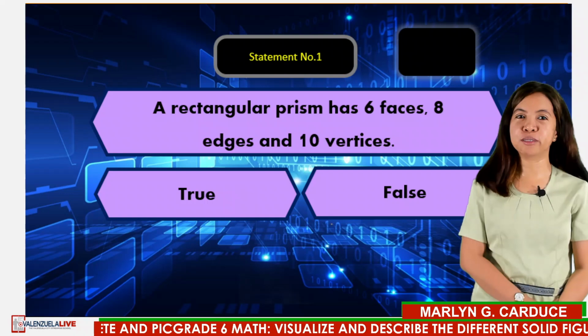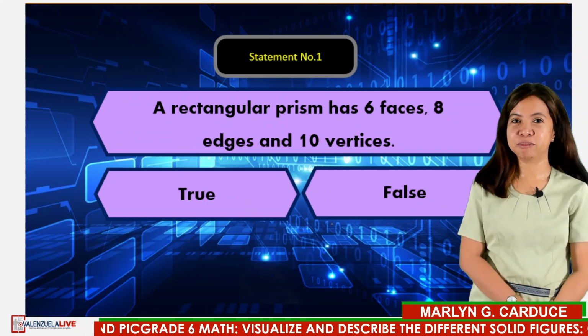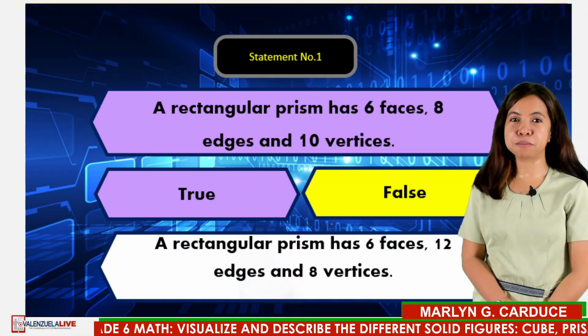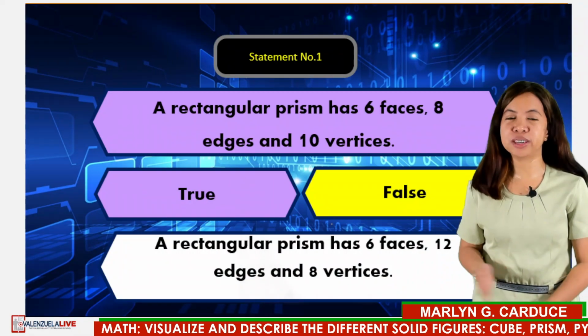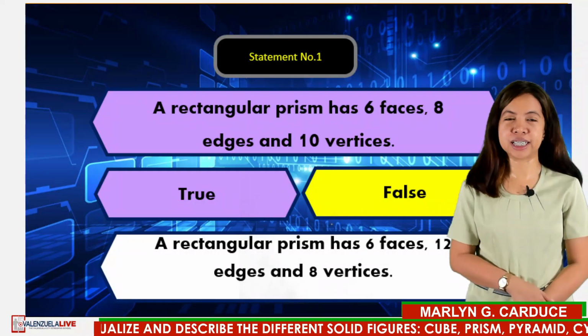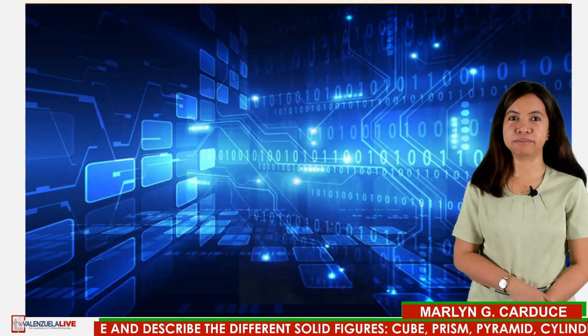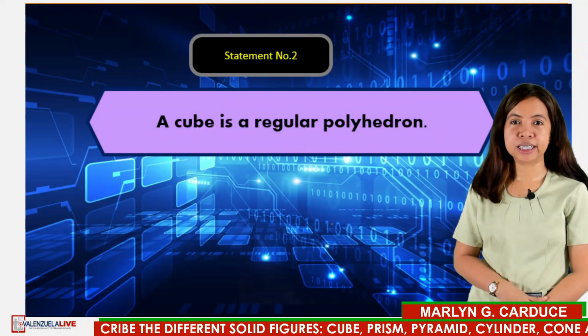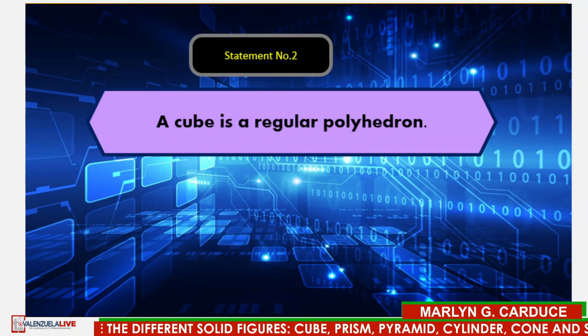Okay, time's up. The correct answer is false. Because a rectangular prism has 6 faces, 12 edges, and 8 vertices. For statement number 2, a cube is a regular polyhedron.